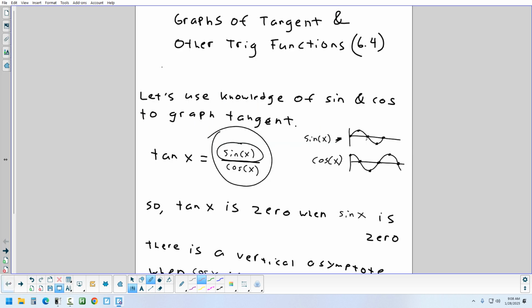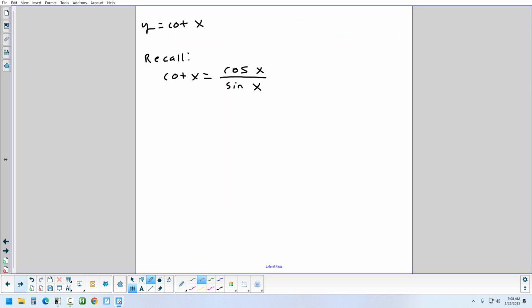All right, now let's think about cotangent. What's the connection between tangent and cotangent? There's a name we can use to describe them. How do they compare to each other? They're reciprocals.